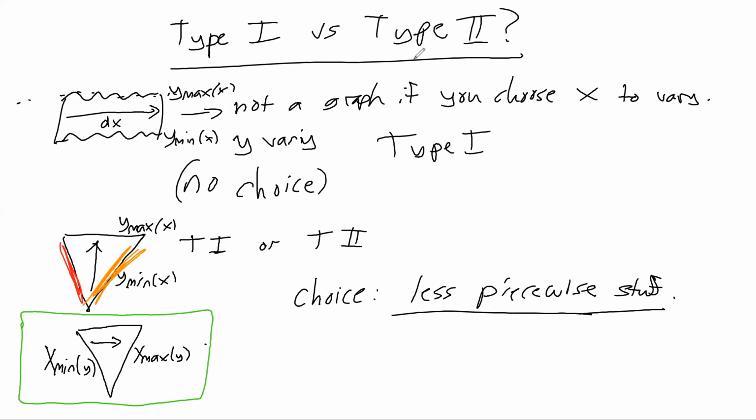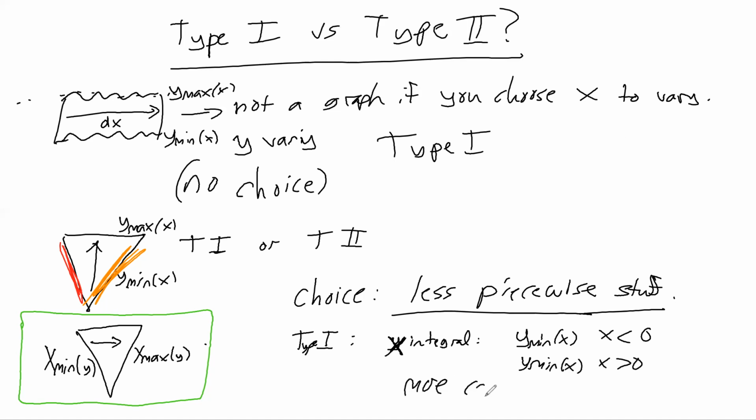So if you were going to do the integral, type 1, then your integral in y, or rather your x integral, involves y min of x for x less than 0, say, and y min of x for x greater than 0, and this is more complicated.